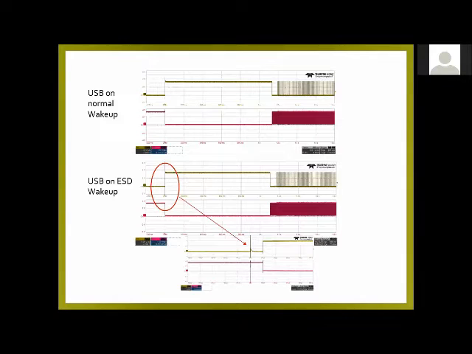And normally what you do to wake up is hit a key, right? And so we looked at the USB on normal wake up, and what you get is this turn on kind of activity, where the keyboard makes a constant voltage, and then the computer starts to wake up and communicate.